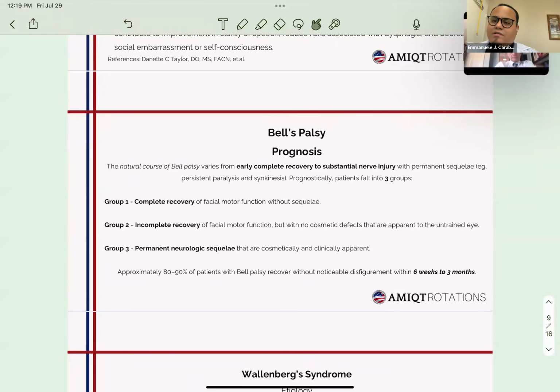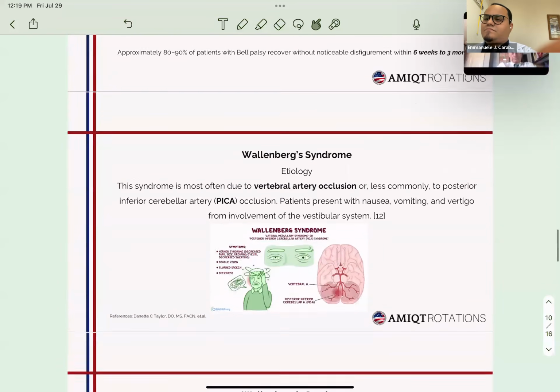Incomplete recovery, where we have some facial motor weakness, but you have to look carefully to notice it, because it's not very apparent. And permanent neurologic sequela, which is very clinically apparent, where the patient isn't able to move half of his face. Usually these patients recover from 6 weeks to 3 months.